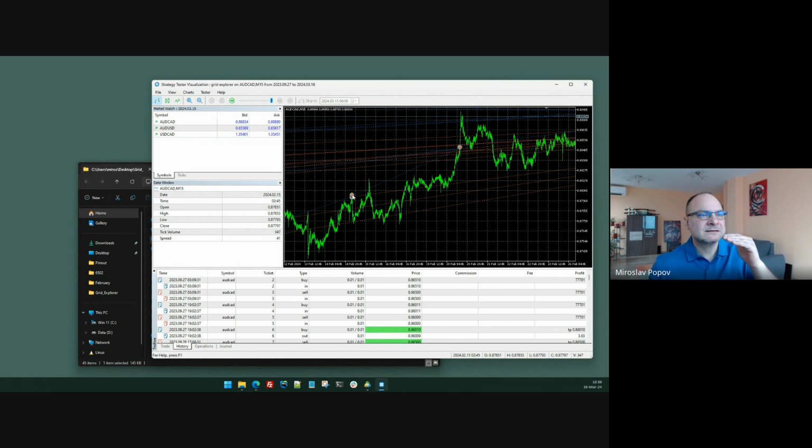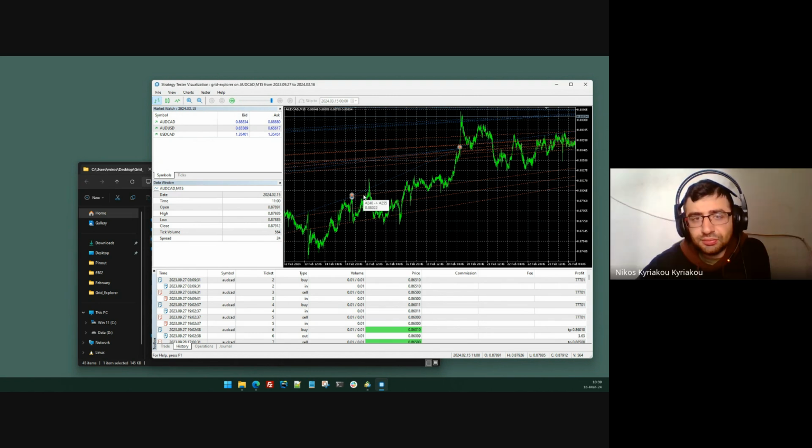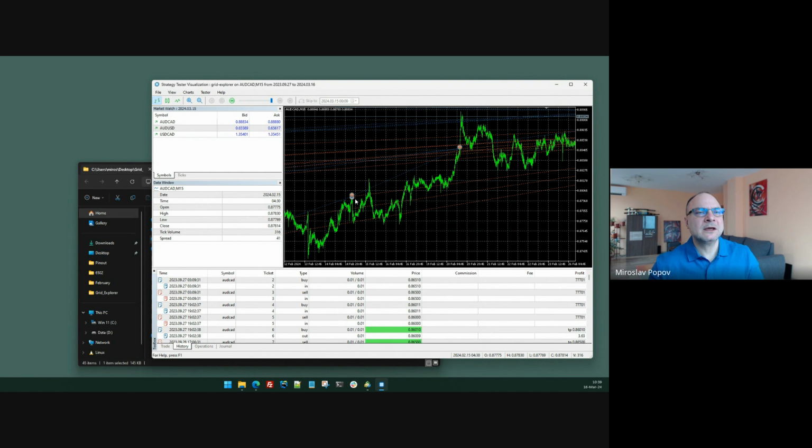But we trade on bid and ask depending on the direction. So when we use market orders, we can very reliably decide when we reach the grid level and immediately execute the market order.